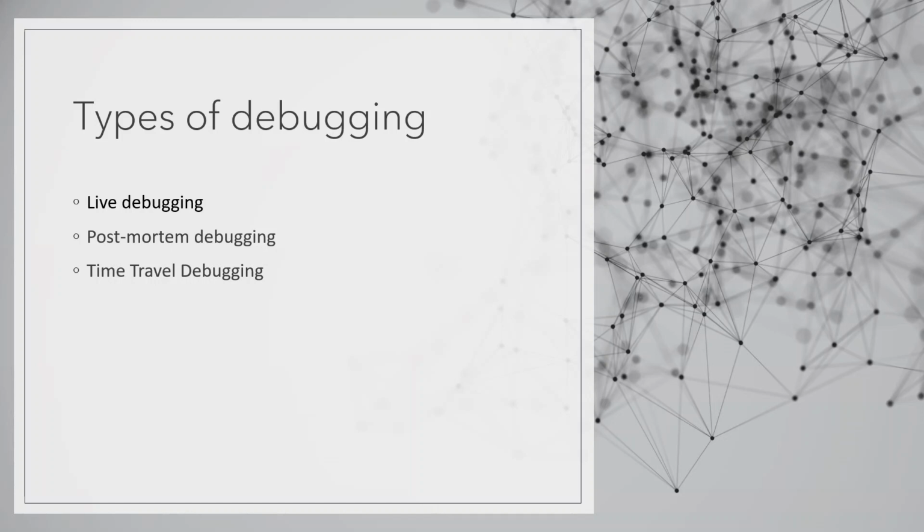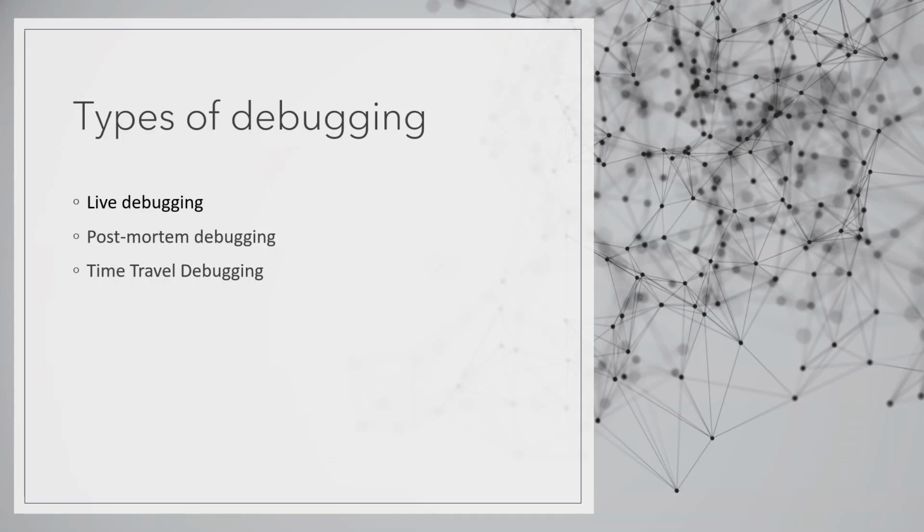There is another type of debugging called time travel debugging. So what is that? When we were talking about post-mortem debugging, I was talking about taking a memory dump. What a memory dump really is, it's a snapshot of the memory at that specific point in time, like a picture of the memory at that specific time.